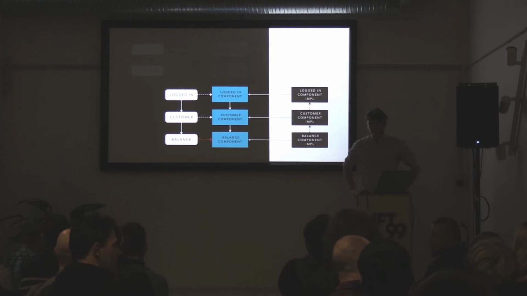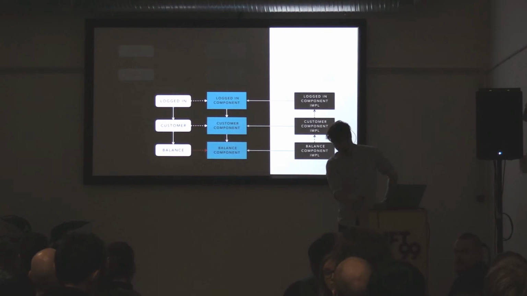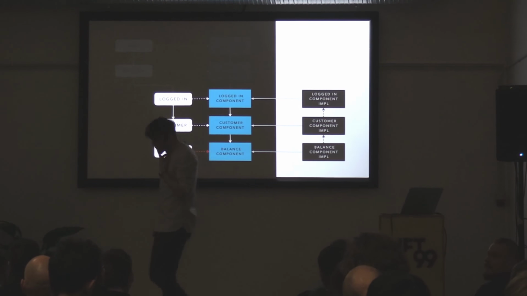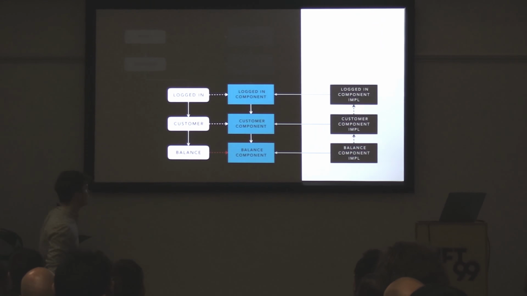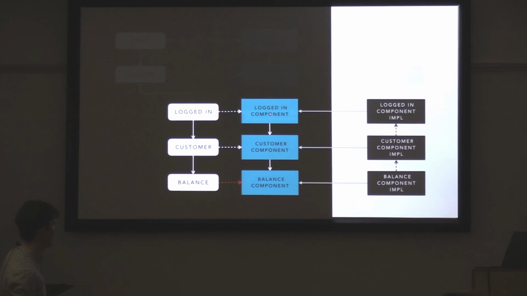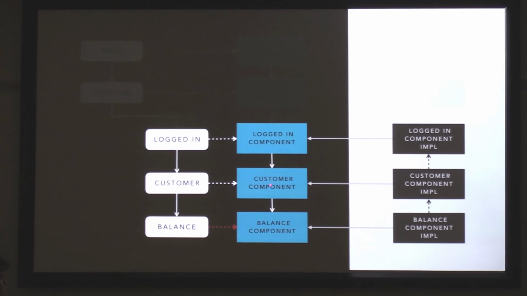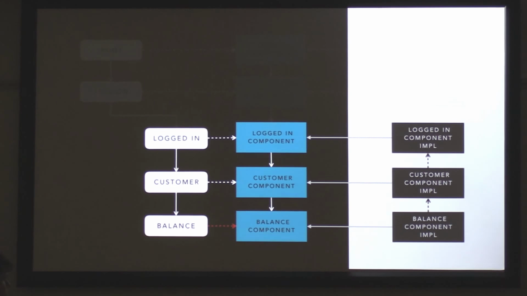But what would happen if I need to change the order of the blue things? At some point, you realize that now you need a different hierarchy. For example, logged in needs to first go not to the customer, but somewhere else. So you would have to rewrite it. You would have to say that logged in now can create another subcomponent, and you would have to correct this part as well.